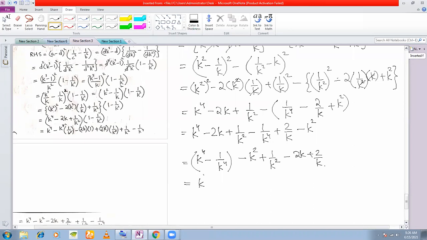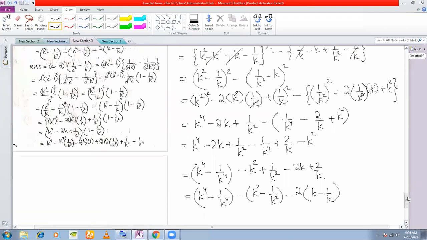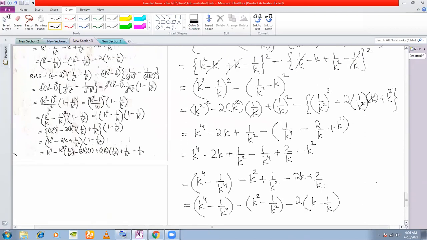So ultimately you have k to the power of 4 minus 1 by k to the power of 4. Now I'll introduce brackets. Minus k square minus 1 by k square minus twice k minus 1 by k. So this is what you are getting for the left hand side.